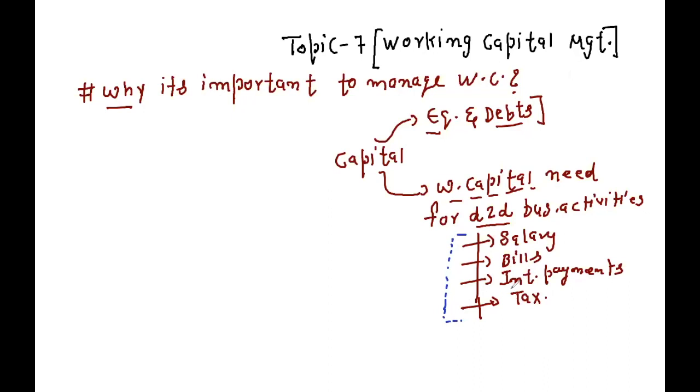We can use only cash to make payments for salary, bills, interest and taxes. We may not use inventory, like the example I gave of inventory dividend. We cannot use shares to pay such costs, like the example of bonus shares. We can't use them. So we require cash. That's why it's important to manage it, in order to make payments for these kinds of obligations.